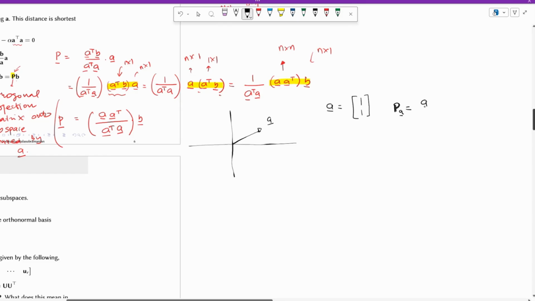Well, this is simply A A transpose divided by A transpose A. Tell me what that matrix will be. That will be the numerator.